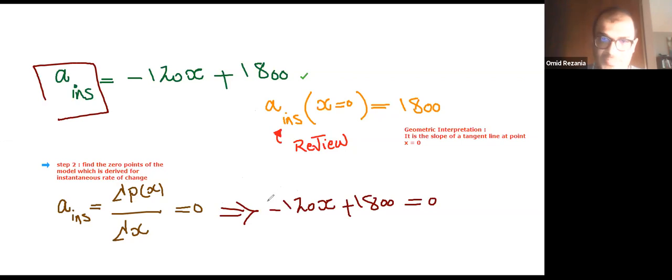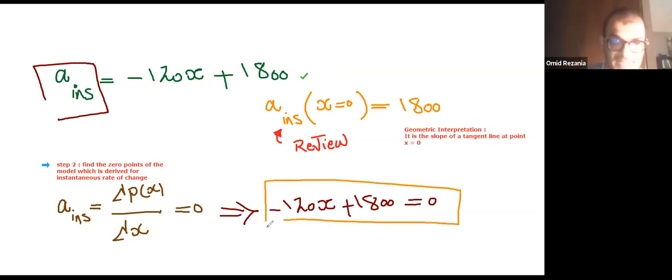That's the thing we are talking about in the second step: equate the instantaneous rate of change to 0. How to solve this one is the easiest thing we know. I put this one to the other side. I get that 120x equals 1800.